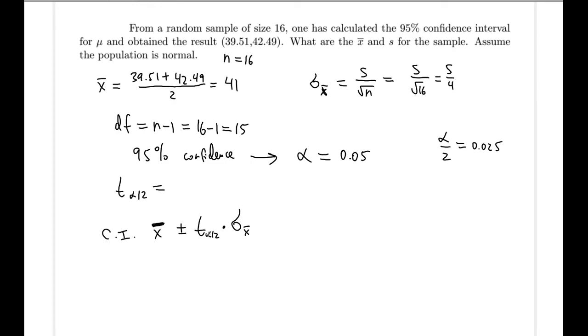We already know x bar is equal to 41. So we're going to get plus minus, and then this is the only unknown that we need to find.